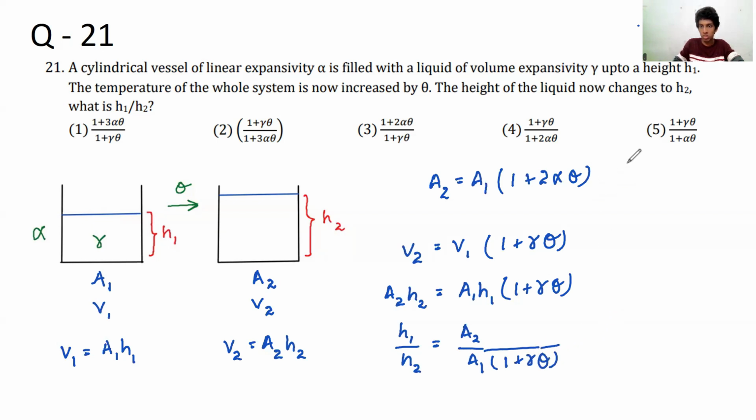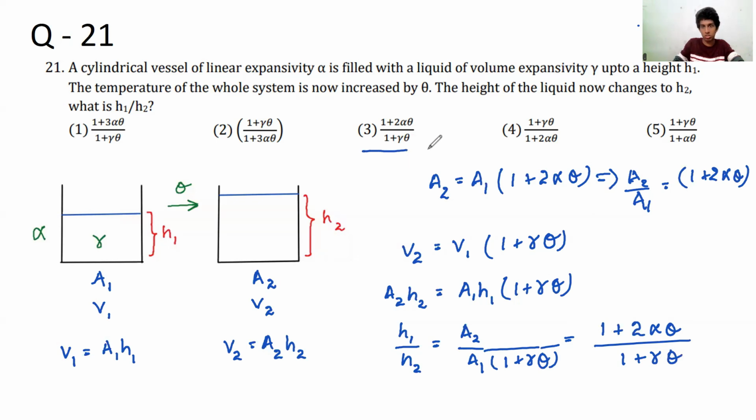We can obtain the ratio of A2 over A1 from here, that is equal to 1 plus 2 alpha theta. So here h1 over h2 will be equal to 1 plus 2 alpha theta over 1 plus gamma theta. So the correct answer is the third one.